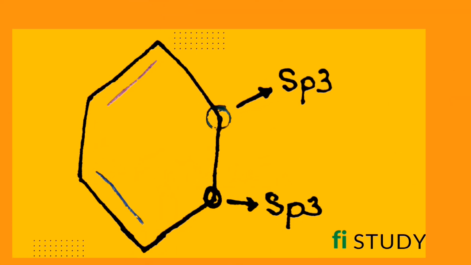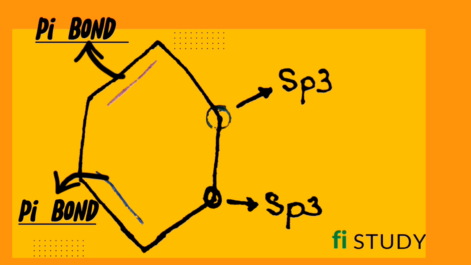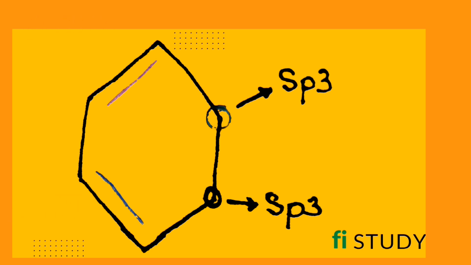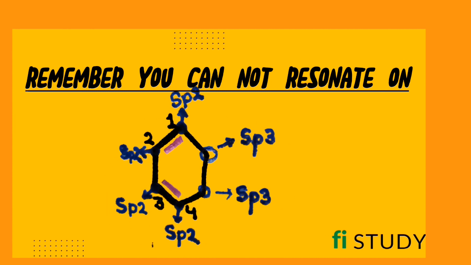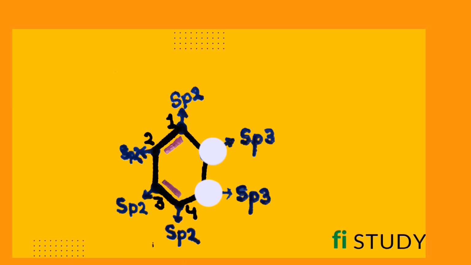Now look at this molecule, cyclohexadiene. Even though it is conjugated, these pi bonds cannot resonate over these 2 carbons. Remember, you cannot resonate on an sp3 carbon atom because this carbon atom already has 4 bonds. There is no chance to accept electrons.